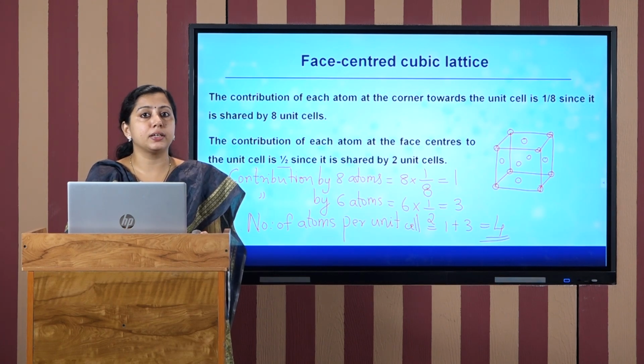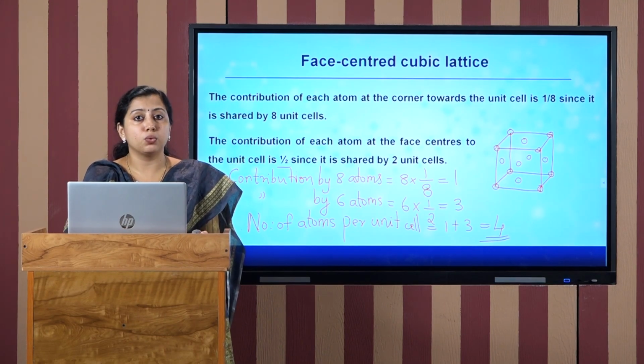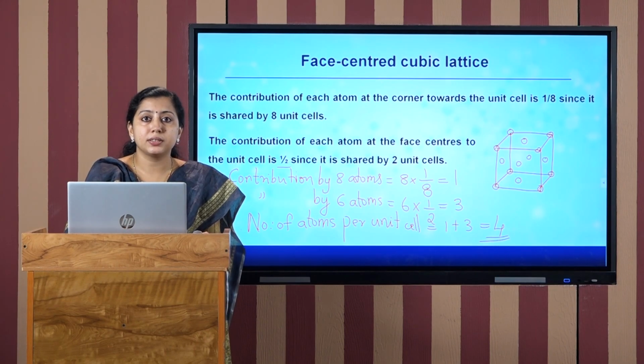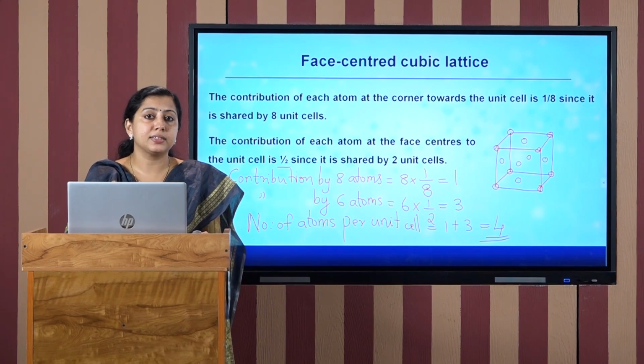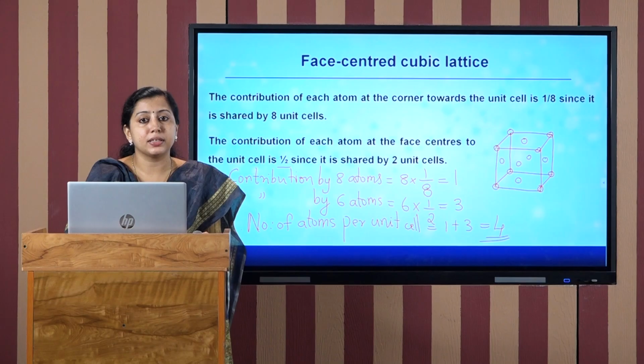And in a body centered, the atoms are at the corners as well as at the center of the body. So, the number of atoms per unit cell is equal to 2. And lastly, in the face centered unit cell, the atoms are present at the corners as well as at the center of each face. So, the number of atoms per unit cell is given as 4.